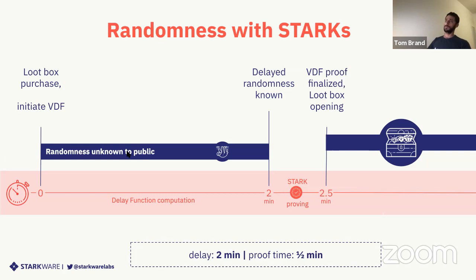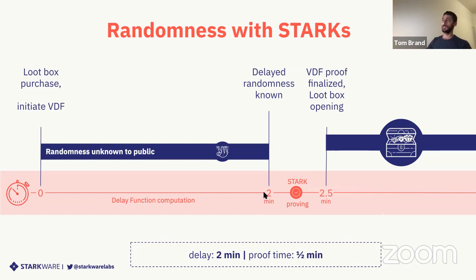The way to do it is that at the moment that we purchase the loot box, the randomness is not known, and then we initiate the VDF. The first step is to compute the delay function. Let's say, for example, that for the amount of iterations that I wanted to run the VDF, it takes about 2 minutes.